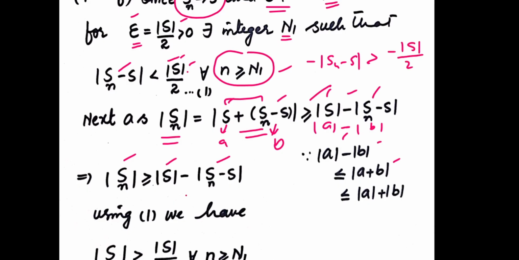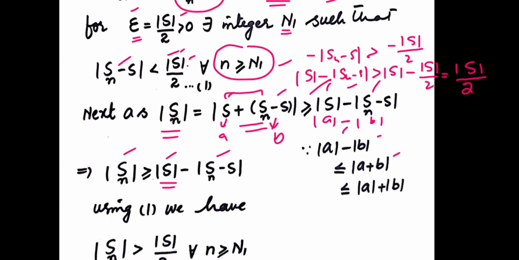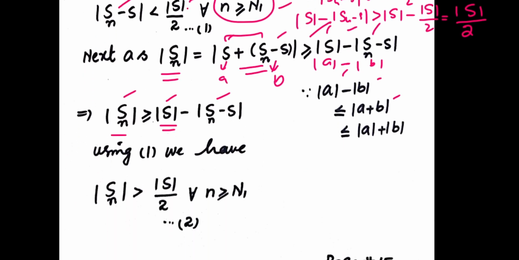Now adding S absolute on both sides, this becomes S absolute minus absolute Sn minus S greater than S absolute minus S absolute by 2. Clearly, S absolute minus S absolute by 2 is equal to half of S absolute. So this becomes absolute Sn greater than S absolute by 2 when n is greater than or equal to n1. Say this is 2.